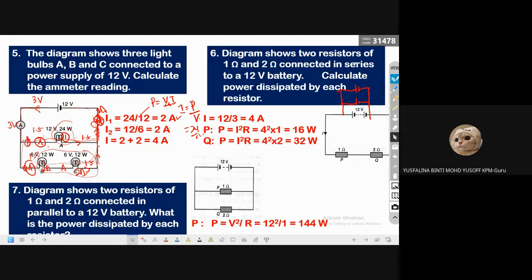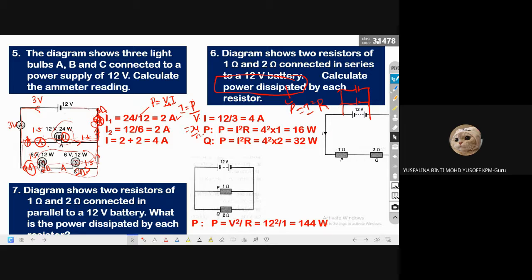So it shows two resistors of 1 ohm and 2 ohm, meaning different resistance. Calculate the power dissipated by each resistor. So this one we use P is equals I square R. I square R, I you need to find by using P is equals to VI.